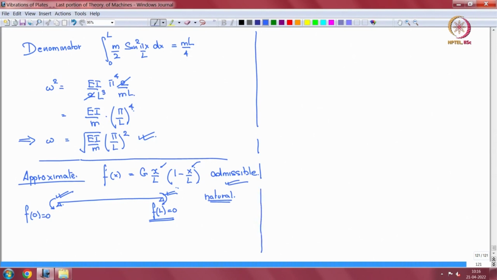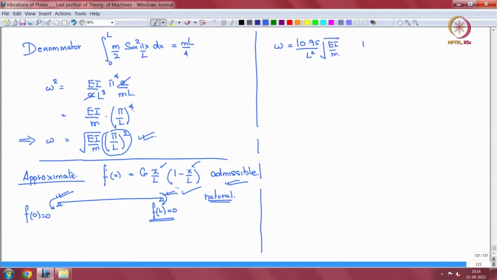So you can now see, if I substitute this, remember pi square is a little less than 10 or so. If I substitute this function over here, I get omega, the natural frequency, as square root of 10.95 by L square, root of E I by m.